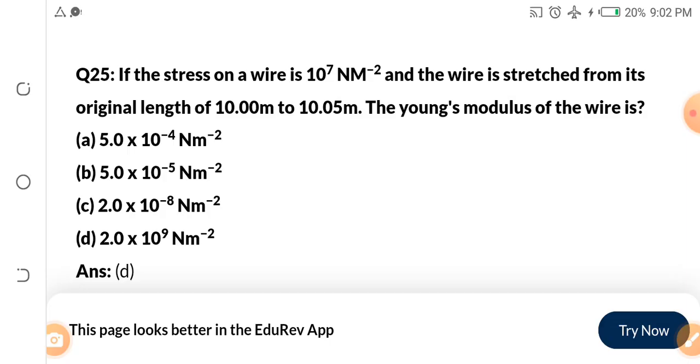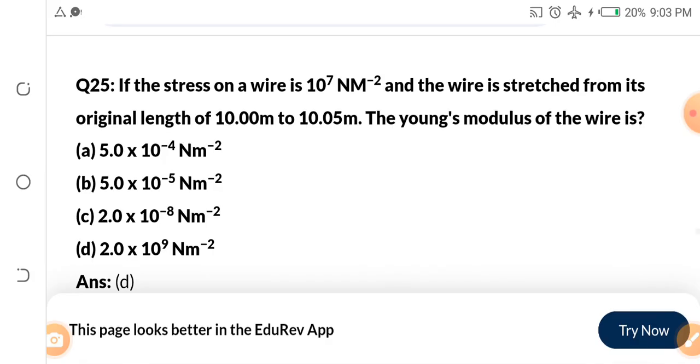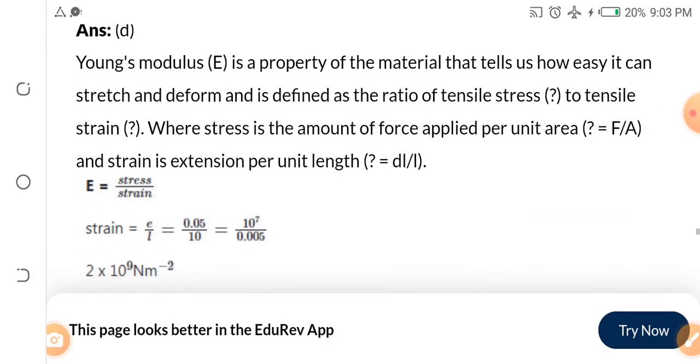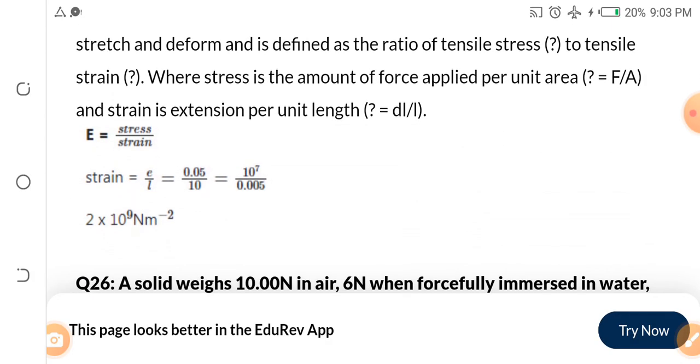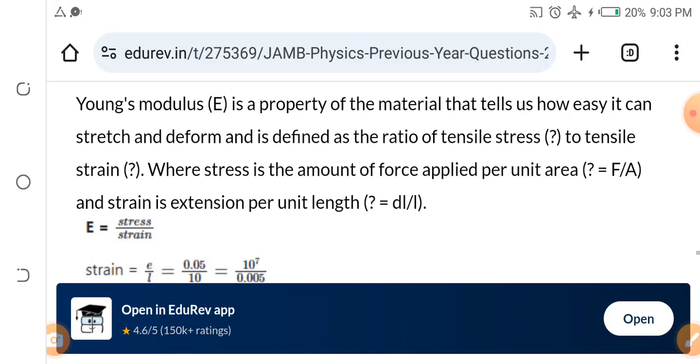The first thing you have to ask yourself is, what is Young modulus? I will explain. It is stress over strain. So we have the 0.5.